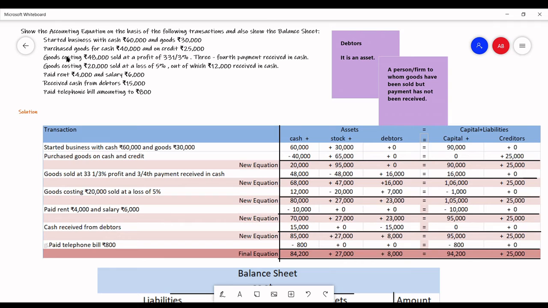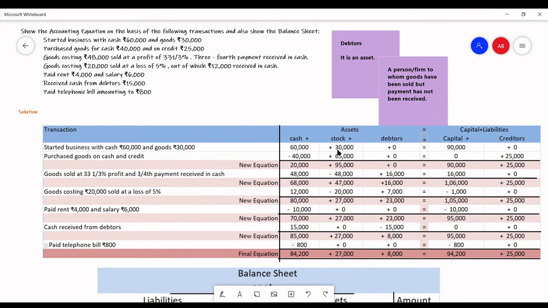The next transaction reads: purchased goods for 40,000 and on credit 25,000. So now there's an increase in the goods. From the transaction it's evident, the goods that have been bought are for a total amount of 40,000 plus 25,000, that is 65,000.